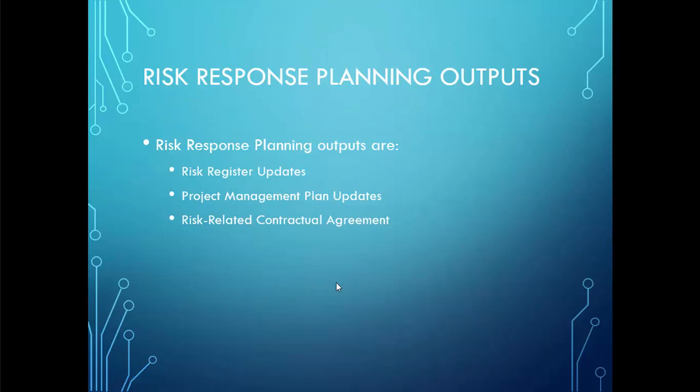The results of the risk response plan will be updating the risk register, the project management plan, and the contractual agreement if needed, or if the agreement needs to be changed, just if needed.